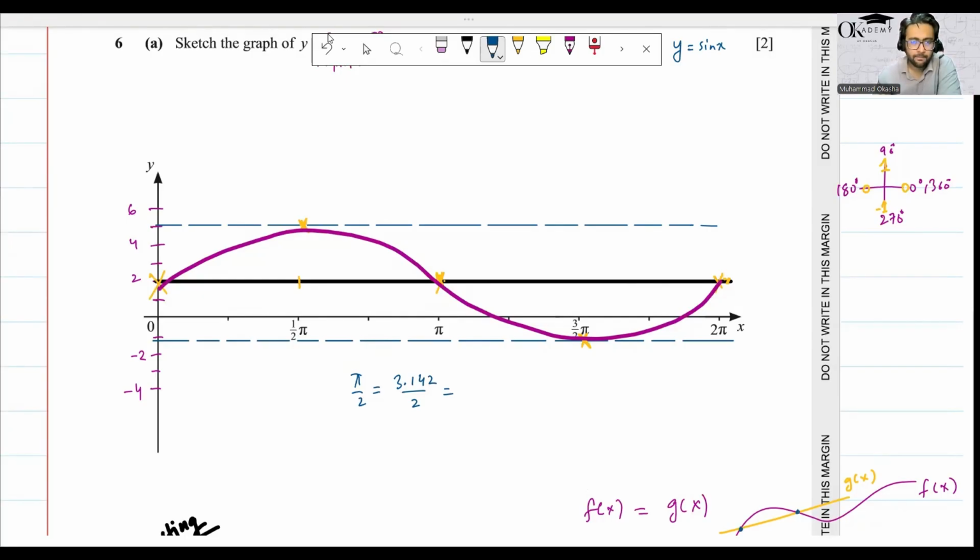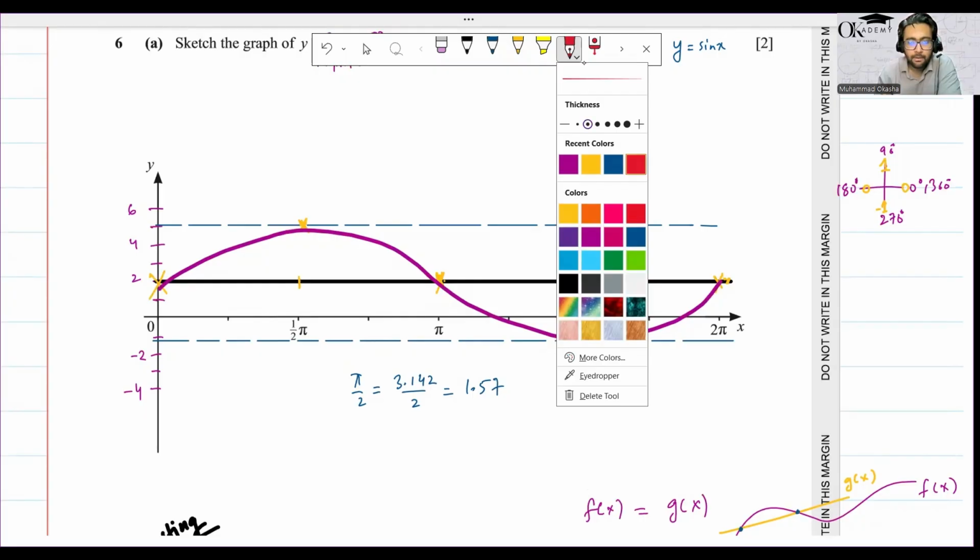I'm trying to run it in the calculator. We're doing approximations here. Roughly 1.57.